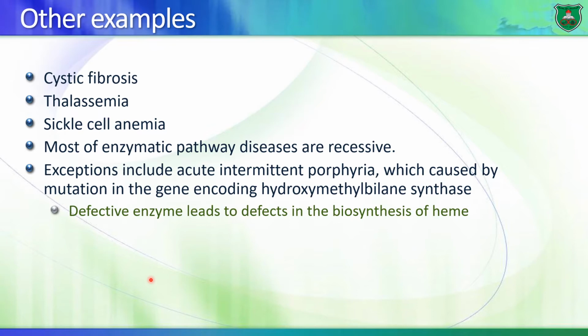Now, one exception, by the way, and you will learn this in the third year, inshallah, is acute intermittent porphyria, which is related to a defect in the biosynthesis of heme, and it follows a dominant inheritance pattern.